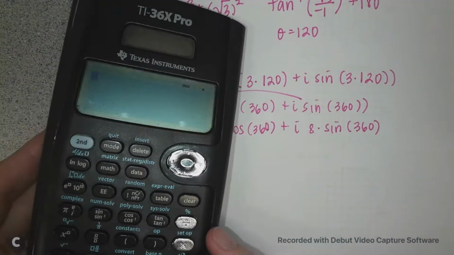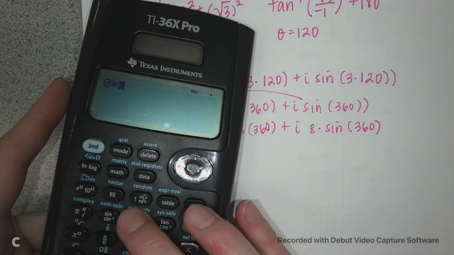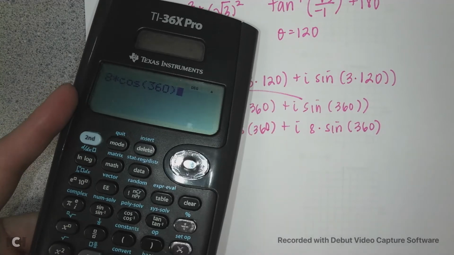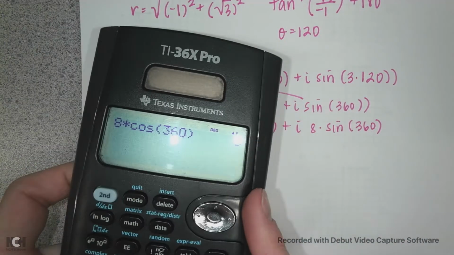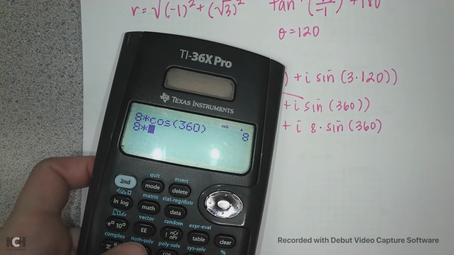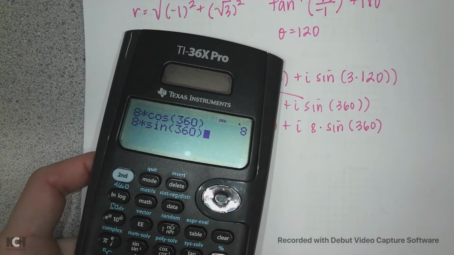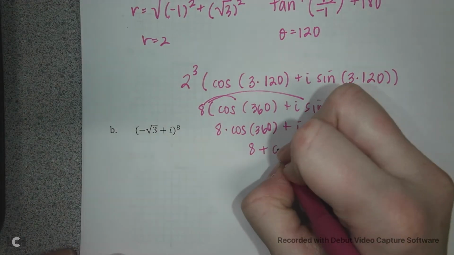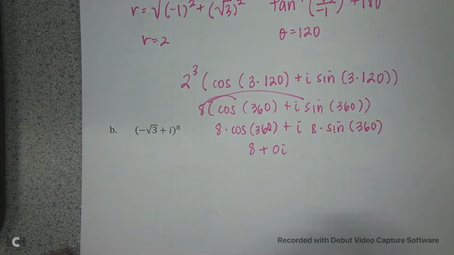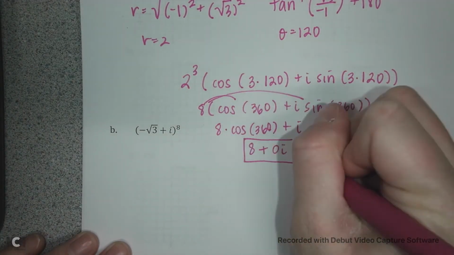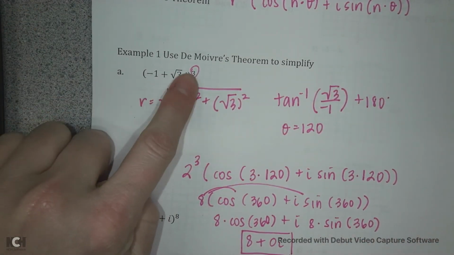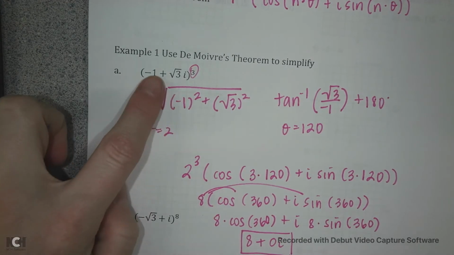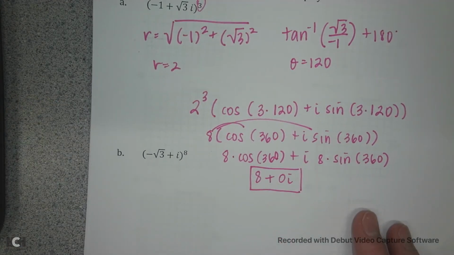That's what I'm typing in my calculator. 8 times cosine of 360 is 8, and 8 times sine of 360 is 0, so that would be 0i. So that is de Moivre, and it basically helps you distribute that cube to all of your imaginary and real pieces on the inside.